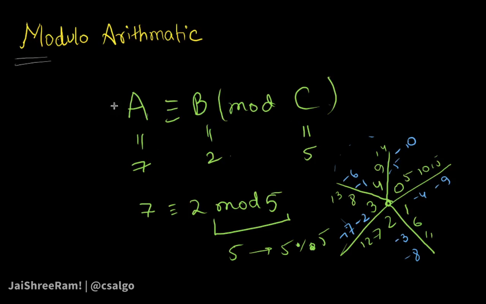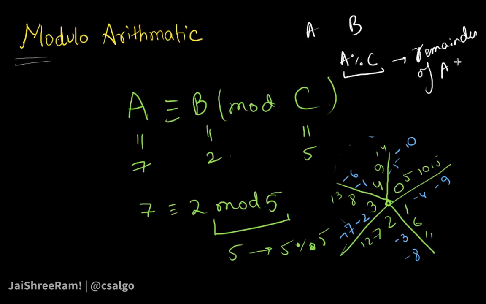Now for simplicity, you don't need to draw this diagram every time for this modulo C. You can simply think about it this way: if there are two numbers and you want to check whether they are same or not modulo C, you take A modulo C. This notation A modulo C in programming means that you take the remainder of A when divided by C, right?